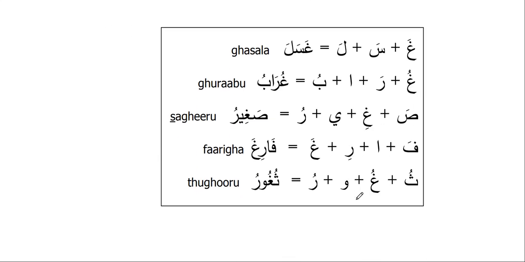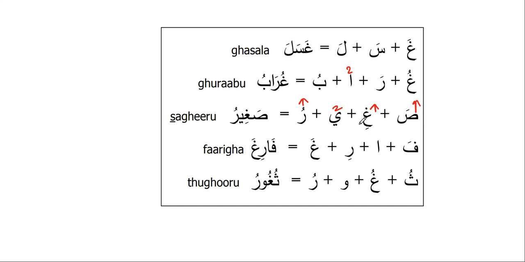So move on to the random reading of this letter. Ghain fatha sin fatha lam fatha, ghasala, ghasala. Ghurabu with the two counts, ghurabu. Saghiru. This is heavy, this is heavy, two counts, and this is also heavy.